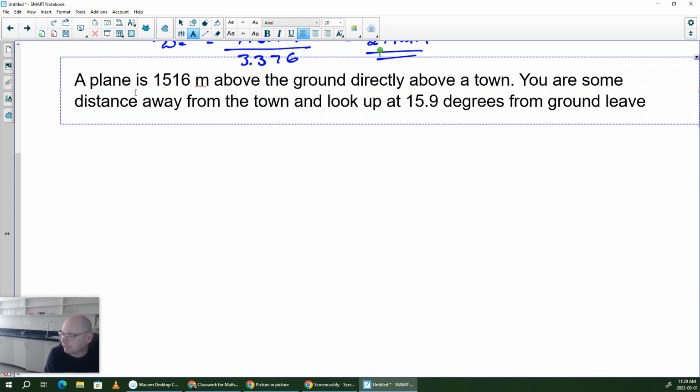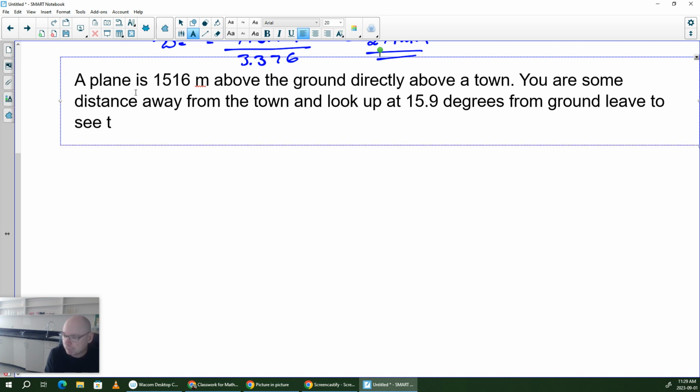Okay, so 15.9 degrees looking up from the ground level to see the plane. Calculate your ground distance from the town to the nearest meter.